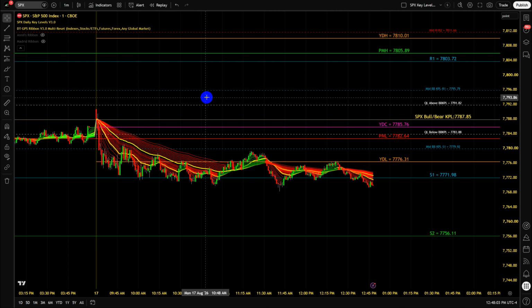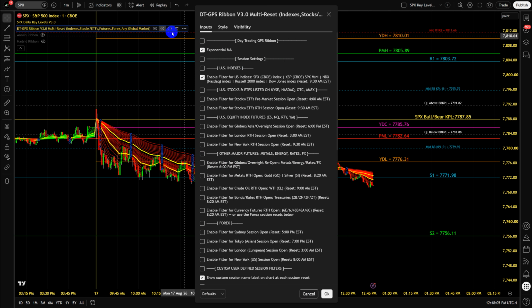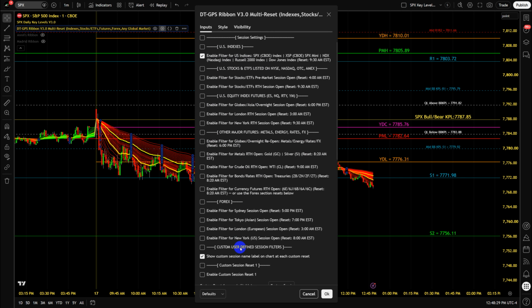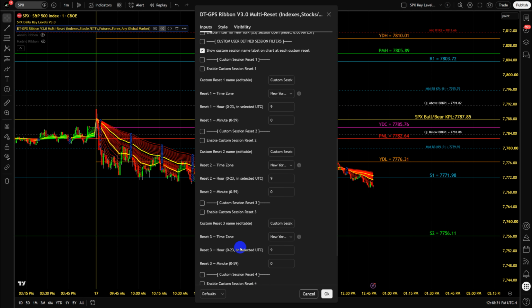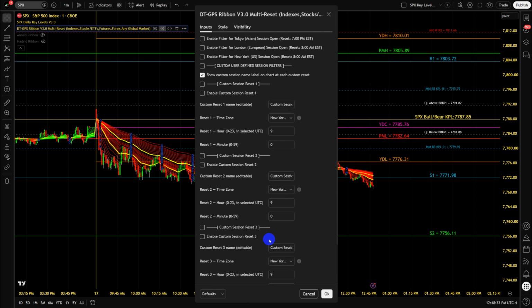Okay, so if we go into the indicator, here we'll see there's different asset types as far as what resets are available. First off, U.S. indexes, followed by U.S. stocks and ETFs, U.S. equity index futures, other major futures which have different RTH sessions, and then forex currency pairs, and then we have the custom ones here, which can be used in several different ways.